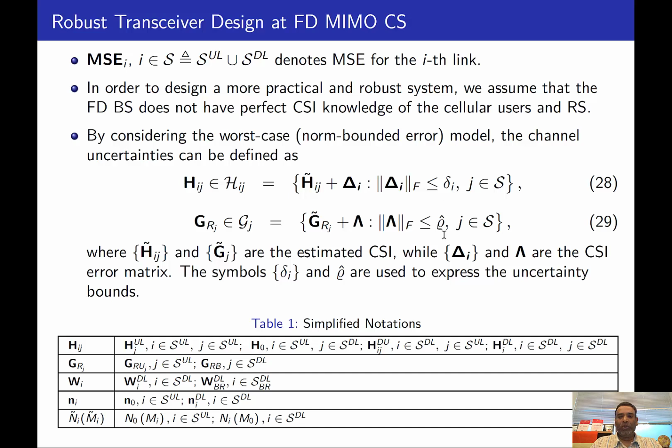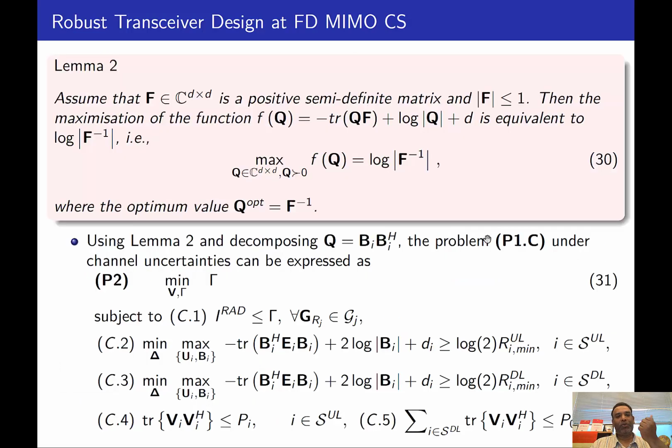So we are now introducing the channel estimation error as well, and by using this lemma 2, F is a D by D positive semi-definite matrix, and the magnitude is less than 1. Then the maximization of function F is equivalent to this here. By using this lemma, we can rewrite this problem again as a robust problem, because we have introduced a norm-bounded channel estimation error as well.